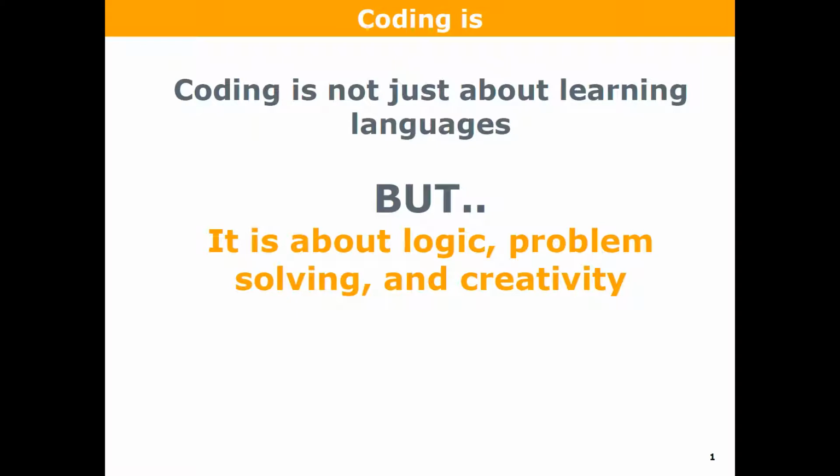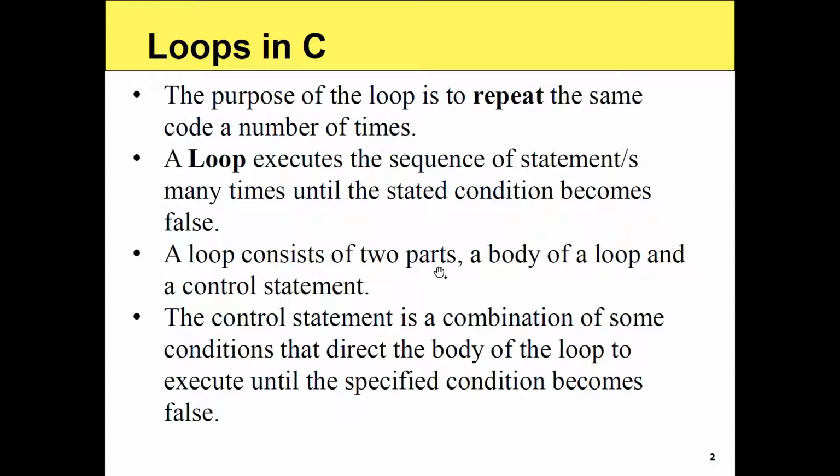What is coding? Coding is not just about learning languages, but it is about logic, problem solving, and creativity. Loops in C. Basically, what are loops? Loops are used to repeat the same code n number of times.